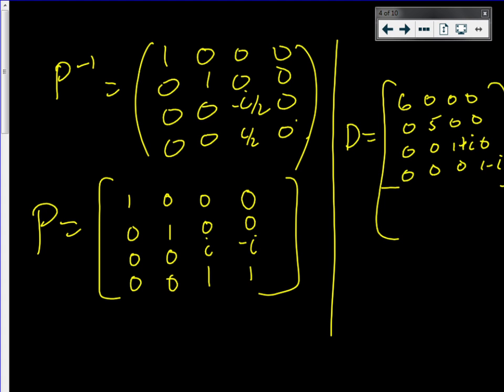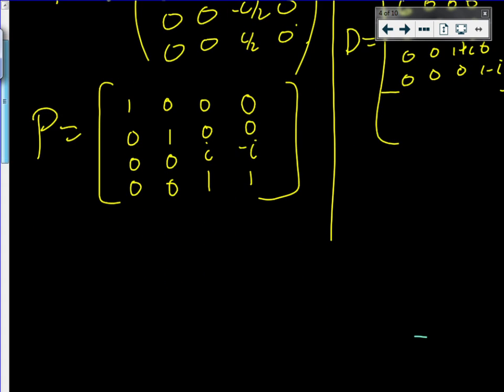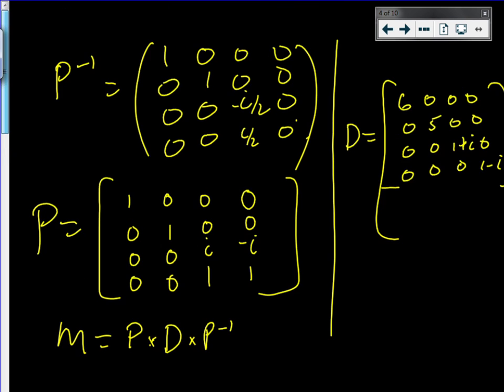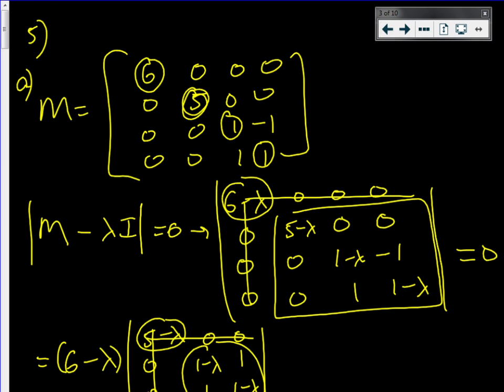So what we now know is the following: matrix M is equal to P times D times P inverse. That is matrix M. Rather than calculating it, maybe I could copy it.